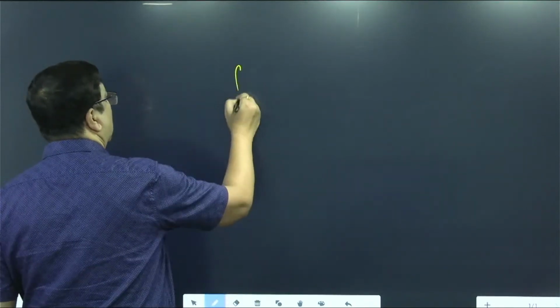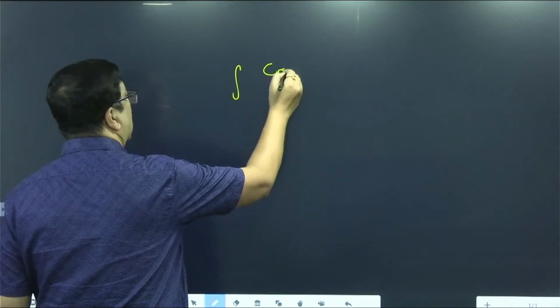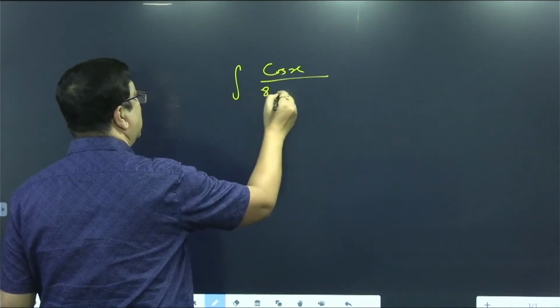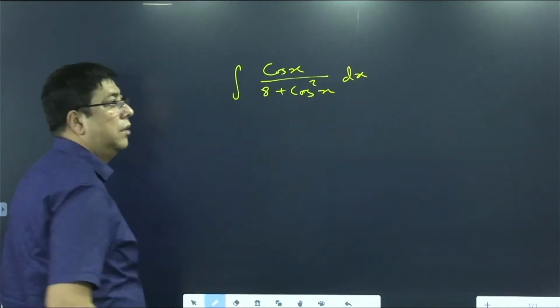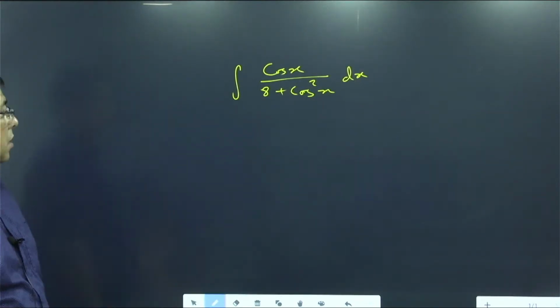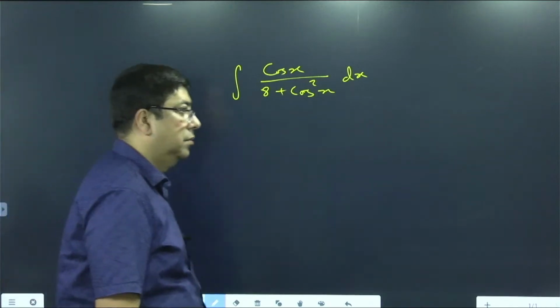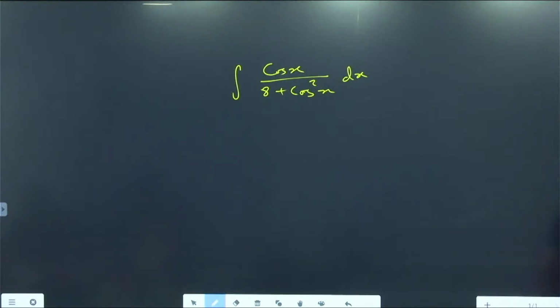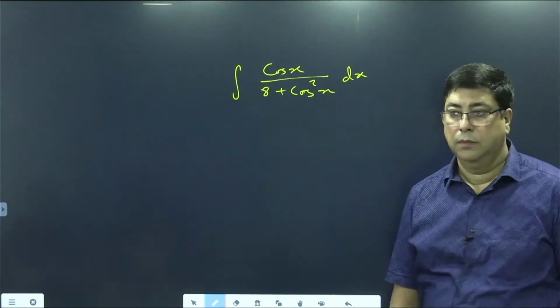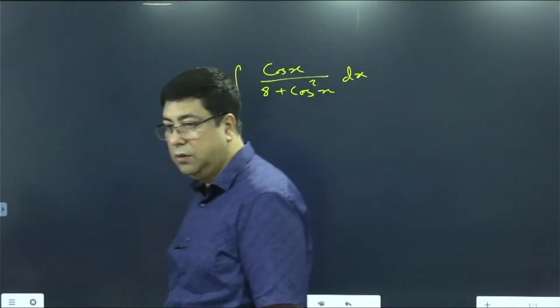Integration of cos x by 8 plus cos square x dx. Solve it. What to do?